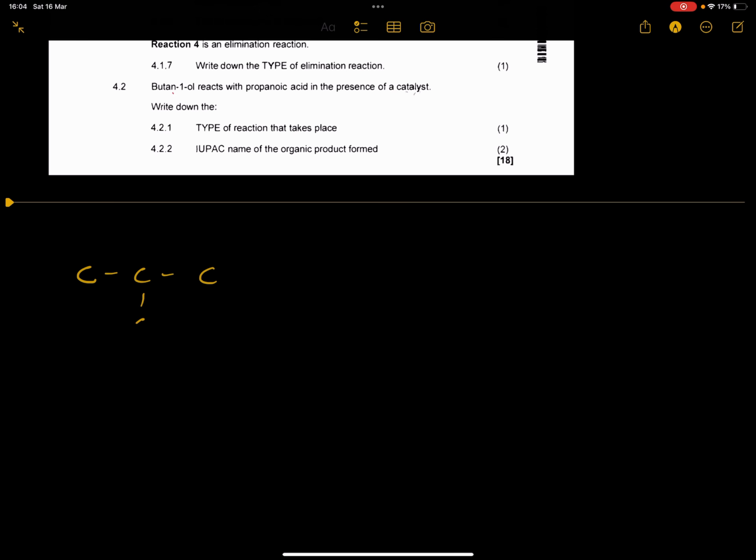So let's write down the reaction. They said in structural formulae. So remember, we had the CH3 over there, we've got the halogen, which is the chloride ion, and all our hydrogens in there. In this case, this is what we have.